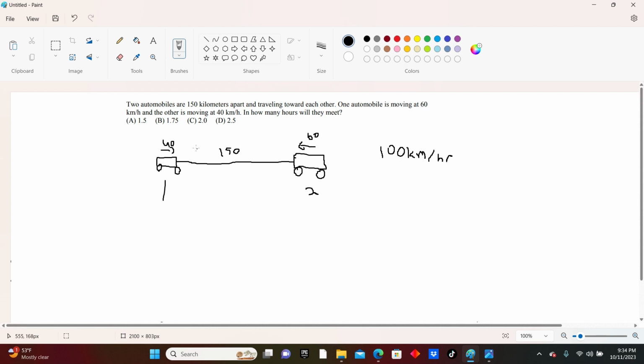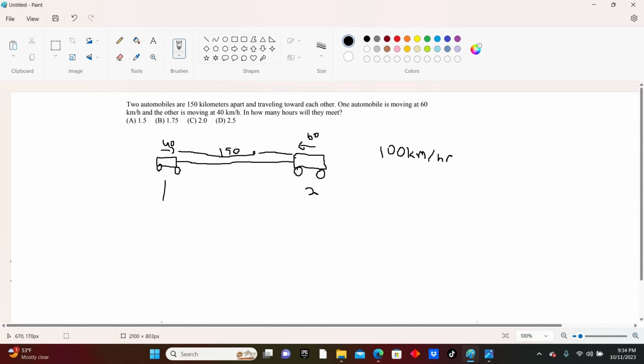And at their meeting point, the whole system is going to travel a full 150 kilometers. Because let's say any meeting point. Let's say from here, this goes here, and from here, this goes here. Let's assume they're traveling the total path length of 150. This car is traveling this much distance, this car is traveling this much distance.